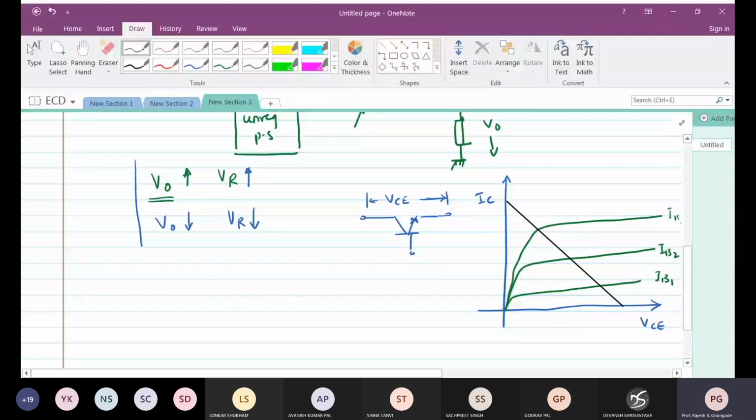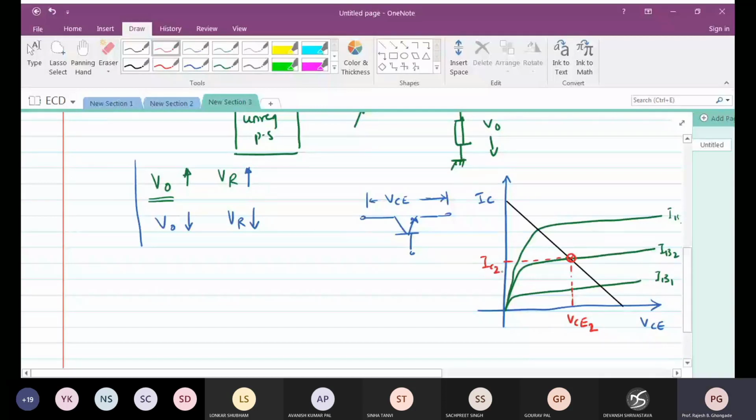Say for example the operating point was somewhere here, so corresponding to that I have this VCE1, or VCE2, because this is coinciding with this. Correspondingly I had IC2.